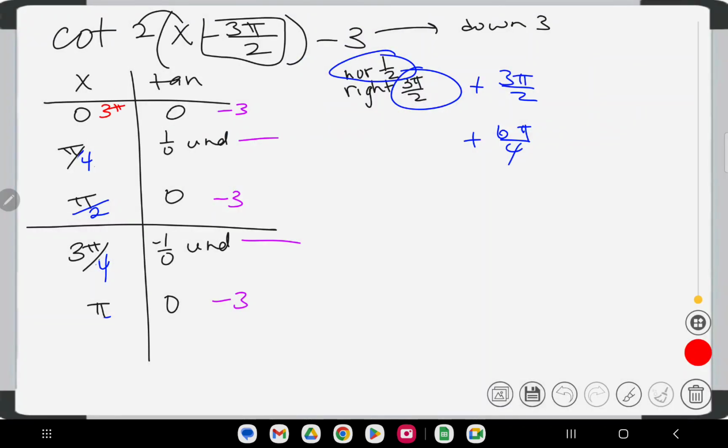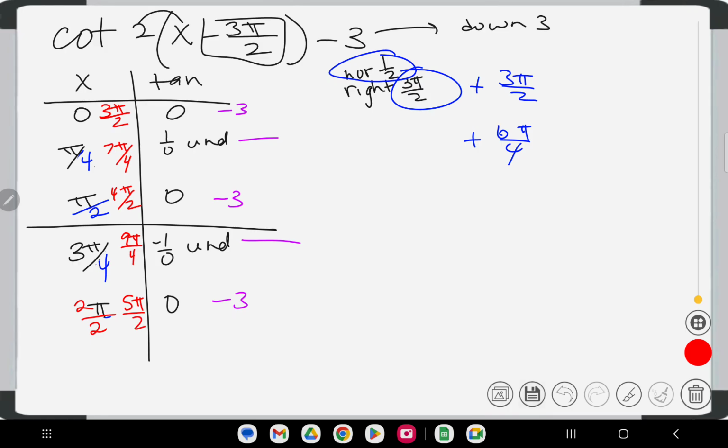So 3 pi over 2, 7 pi over 4, this is over 2, so pi over 2, and 3 pi over 2 makes 4 pi over 2, add 6, that makes 9 pi over 4, and this one doesn't have either. Let's make it a 2, because why not? So 2 over 2. So 5 pi over 2.